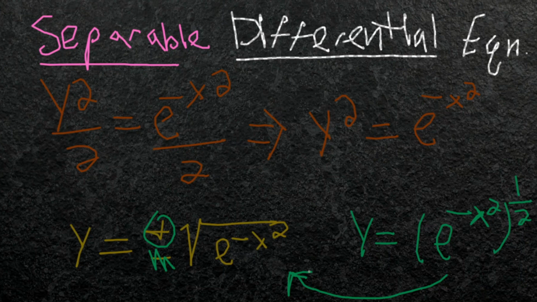Just like that. As a review, because this differential equation was set up in a way that we could algebraically separate the y's and dy's from the x's and dx's, we're able to separate them out algebraically, and then integrate both sides, and use the information given in the initial condition to find the particular solution.